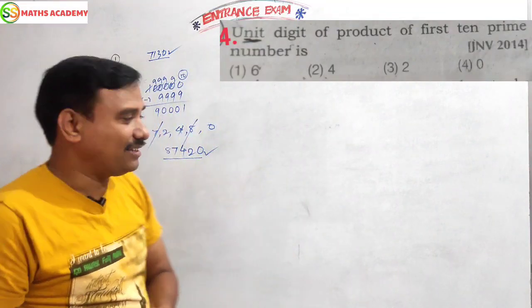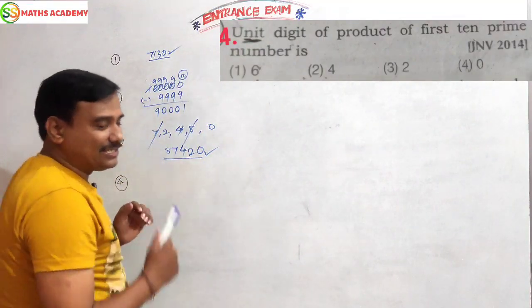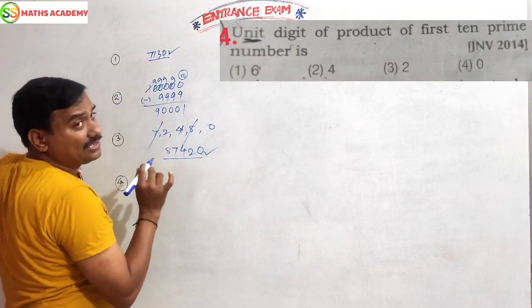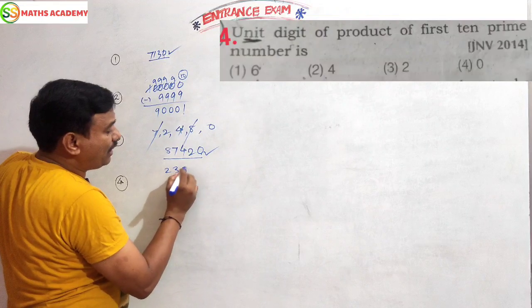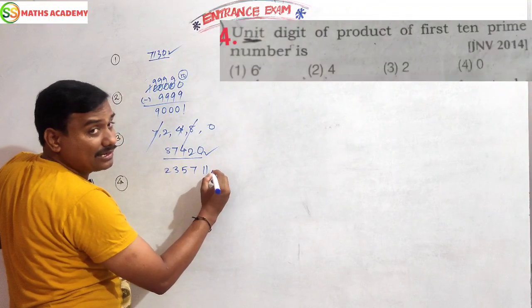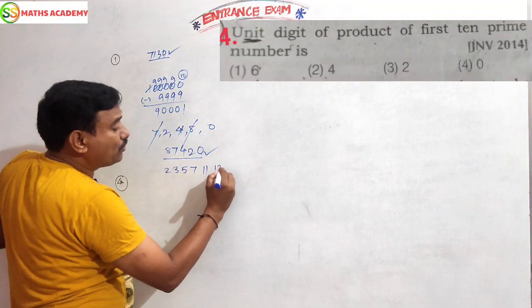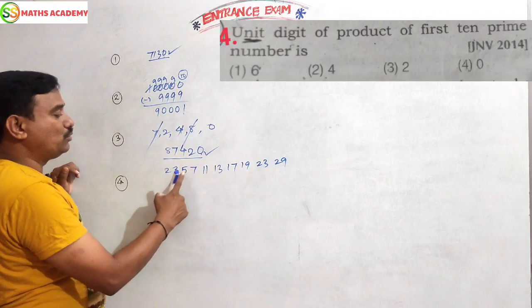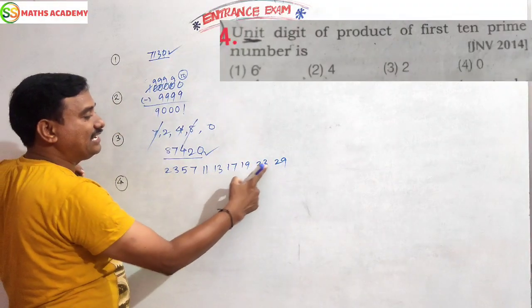Total 10 prime numbers are there. If he is asking the unit digit, this is the unit digit. 9 is not a prime number; it is a composite number. 1, 2, 3, 4, 5, 6, 7, 8, 9, 10.